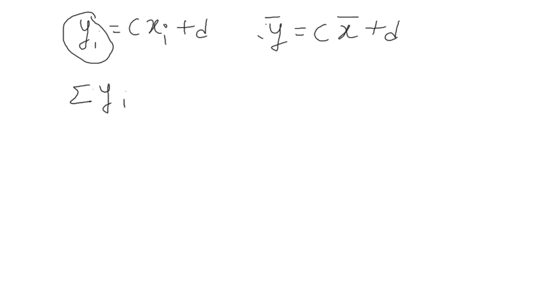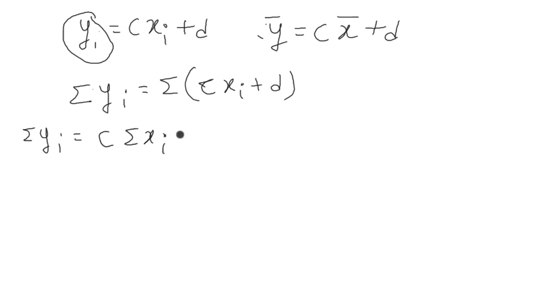So summation of yi is equal to summation of (c xi plus d). Let's take the summation inside the bracket. So c is constant with respect to summation. So c summation xi plus summation of d.